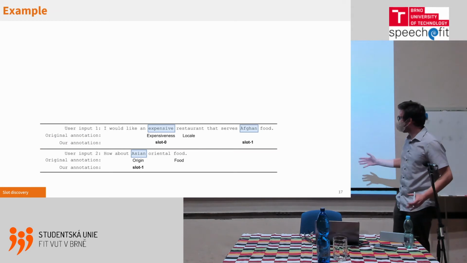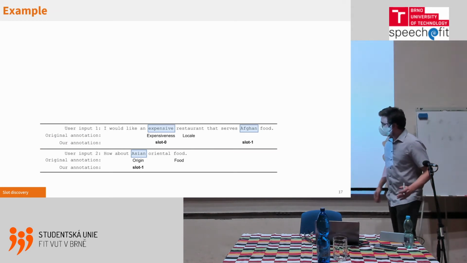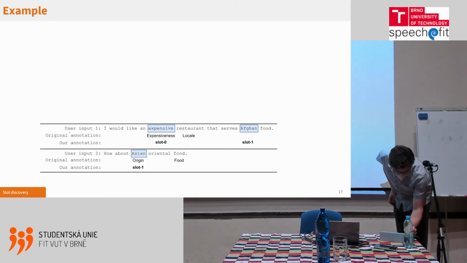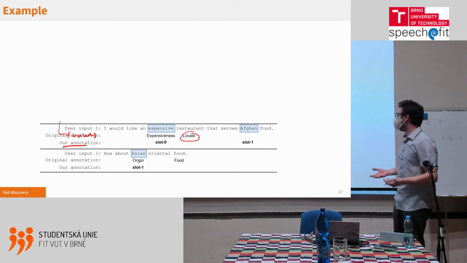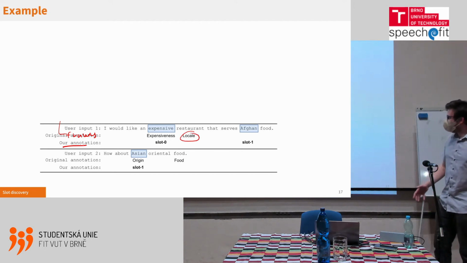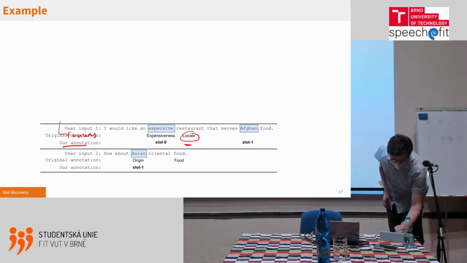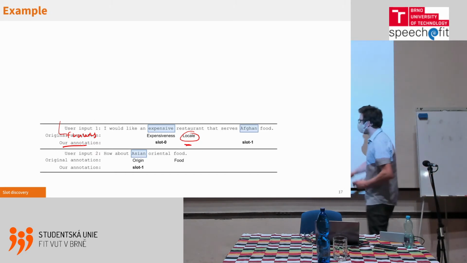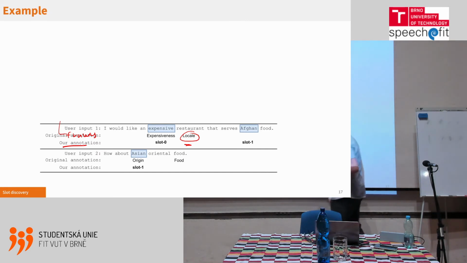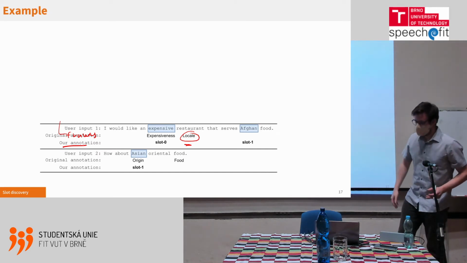So if you look at this example, this is the frame semantics, and this is the output of our tagger. If you look at the user input, there is stuff that is not relevant or not so important, and this isn't tagged because this label was eliminated. This wasn't deemed important for our domain.